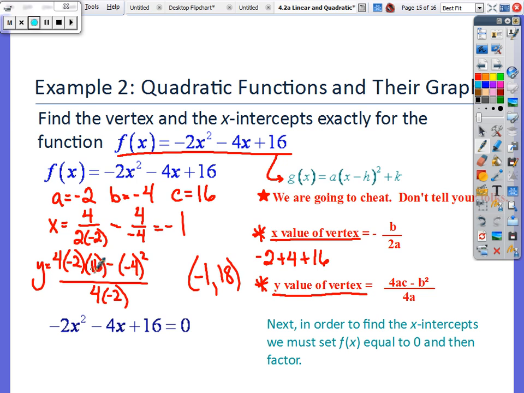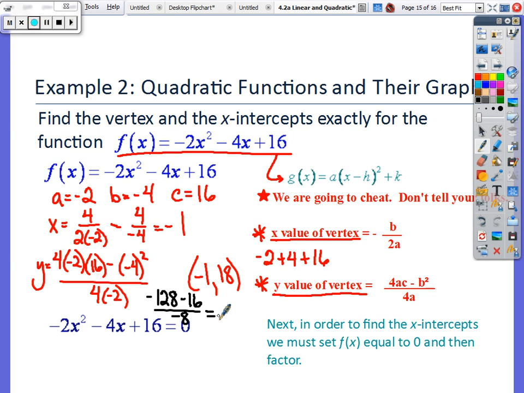But we go ahead and we get -32 times 4, which is -128, I believe. And then we end up getting -16 all over -8. And so if you have a calculator handy, you can go ahead and evaluate this and see what answers you get.